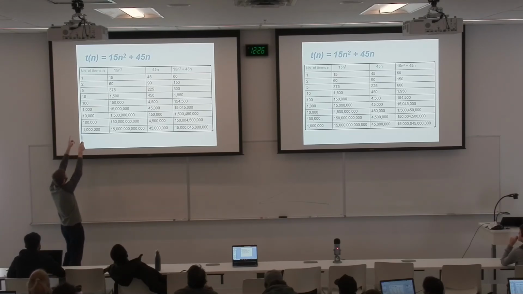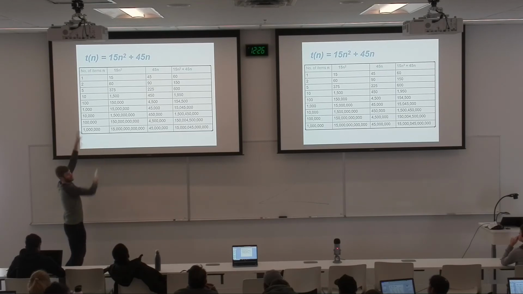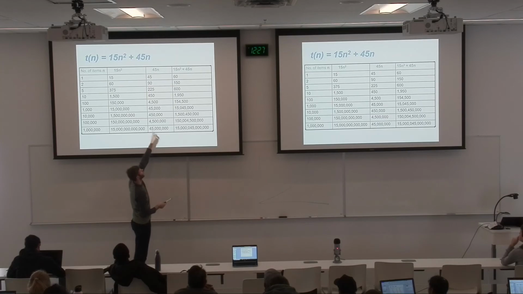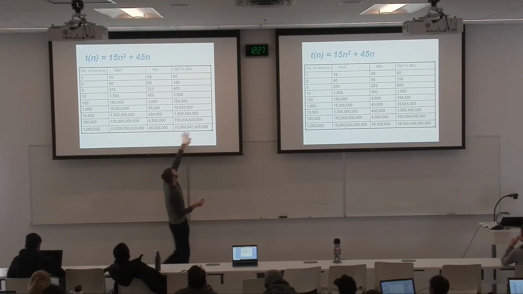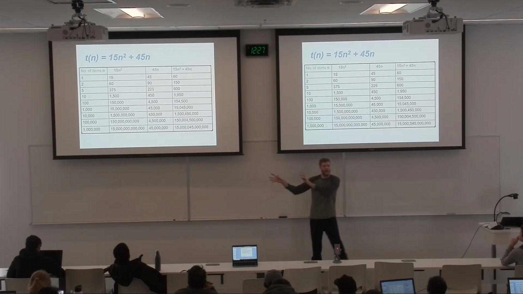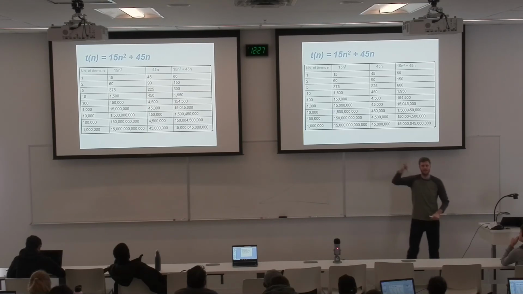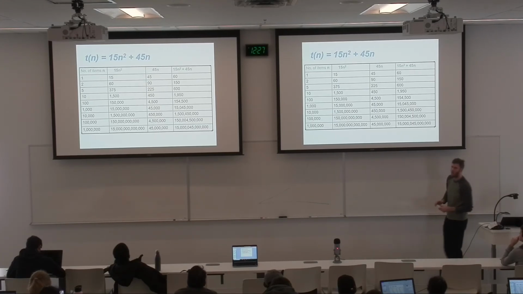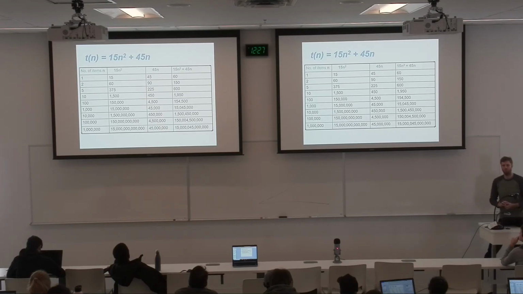When n is 2, that's 4, 4 times 15, so 60, and so on. Then I also did it for the other part of the function, 45n, and then for it all together. I broke it down by each piece, and the last column is the total amount of work being done.